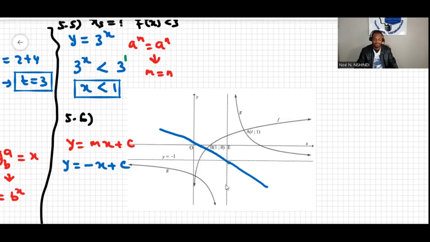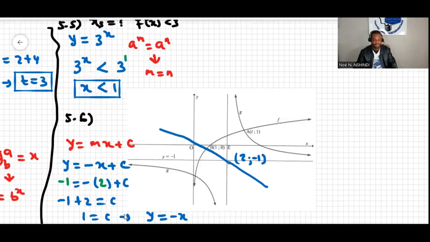So with the negative gradient, it must be -1. Now it passes through the point D. As I was writing here, D was the point (2, -1). So we can substitute the point here: -1 for y and 2 for x, equal to minus x plus c. So -1 equals -2 plus c. If I move the -2 over, it becomes +2, so c equals -1 plus 2, which is just 1. So c is 1. Therefore, the equation will be y equals -x plus 1.